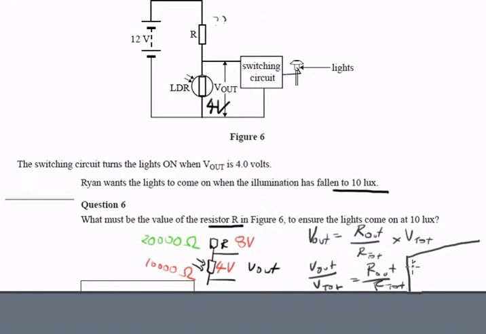Therefore, ratios between V and R are the same. And then we'll put our answer, 20,000, in here.